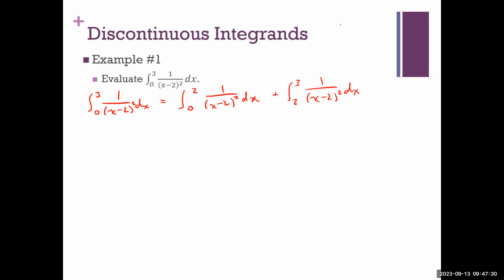So this one, if I'm integrating from 0 to 3, 1, 2, 3, 2 is going to be an asymptote. And basically on either side of the asymptote, since I'm squaring, it's going to get really positive and big.